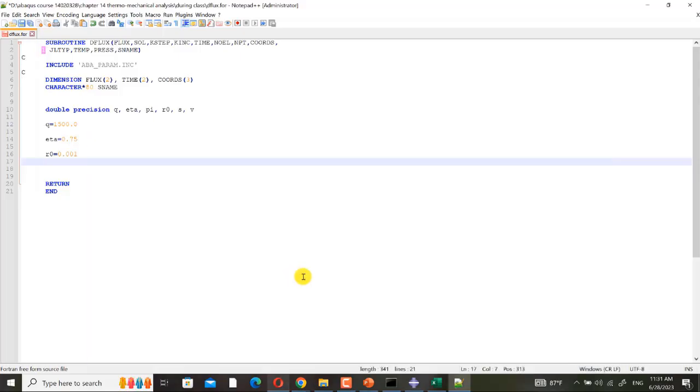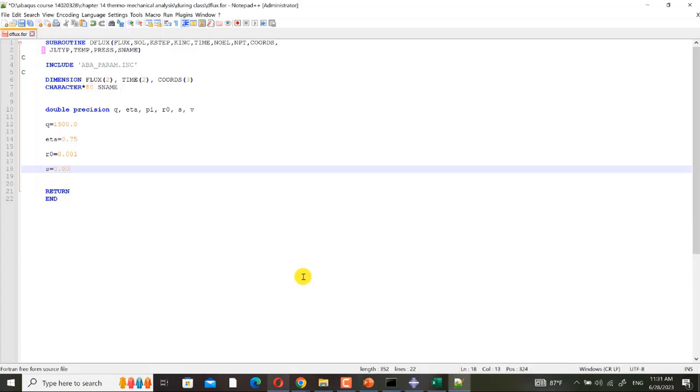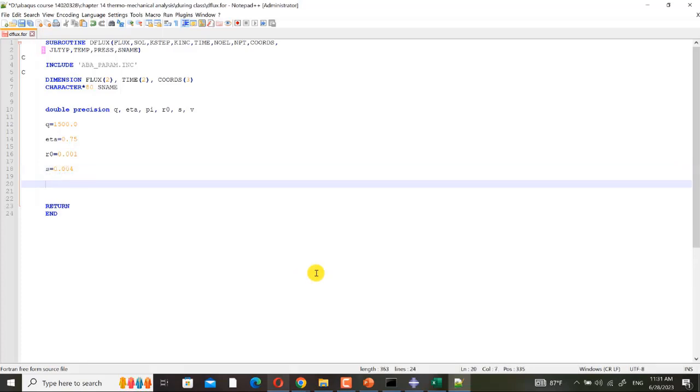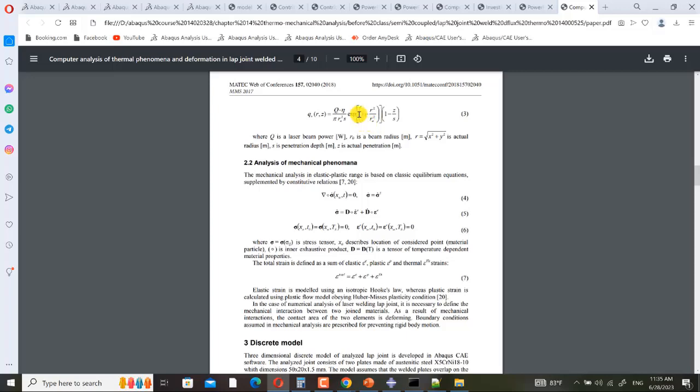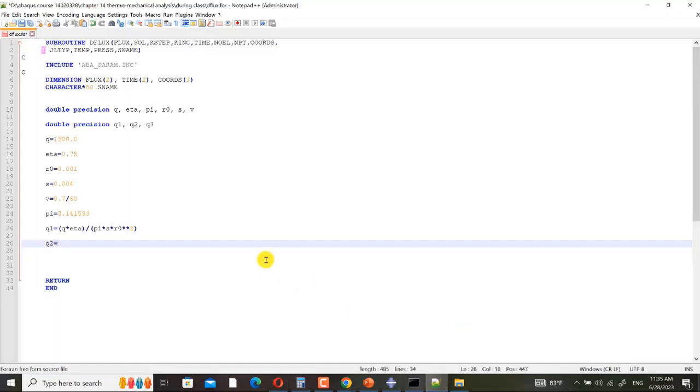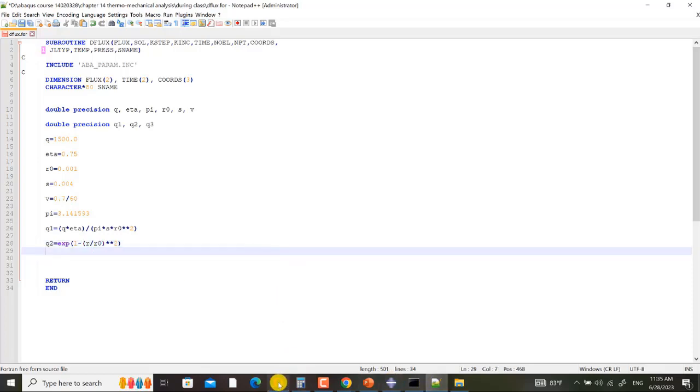And S is the penetration depth. It is 4 millimeter. Okay, this is Q2. Exponential of, okay.